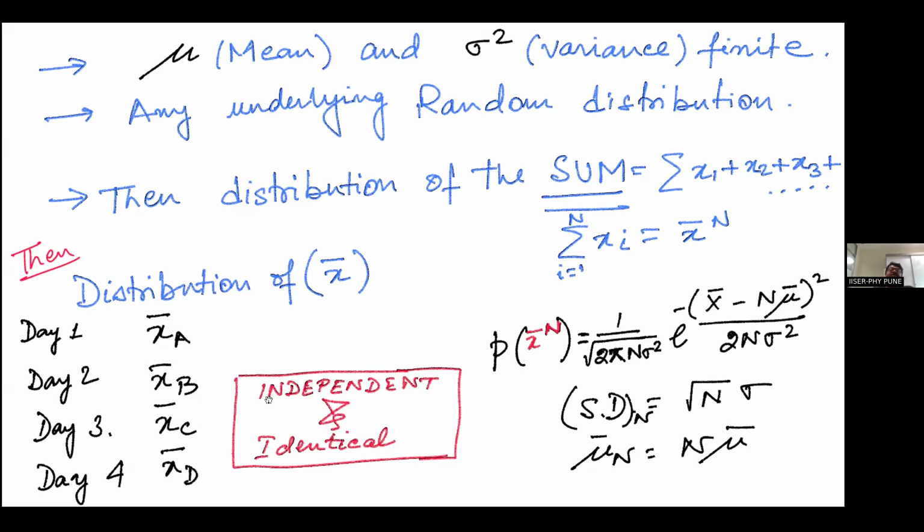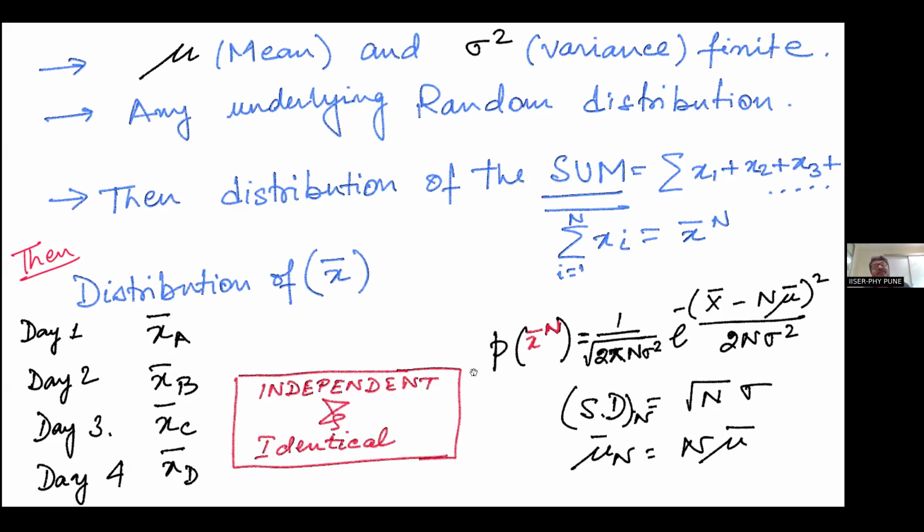As long as each of these random numbers are independent. Random numbers by definition are independent, but I'm emphasizing that each sequence of random numbers from day 1, day 2, day 3 does not depend upon the previous day, they are independent, but they're taken from the identical distribution. Then the distribution of x bar, the distribution of the sum, is always a Gaussian.